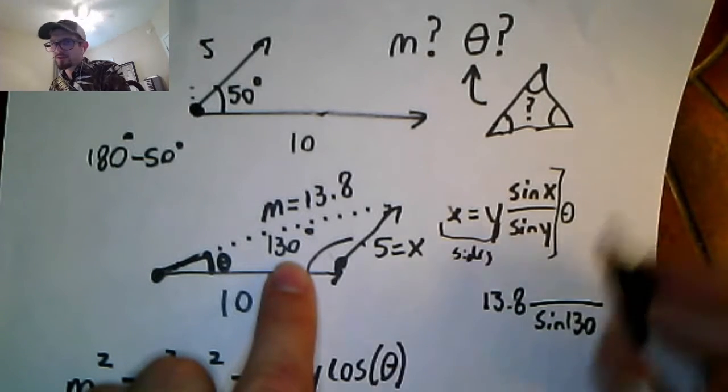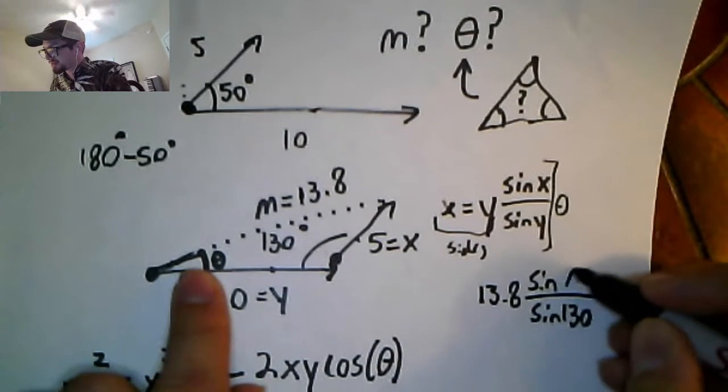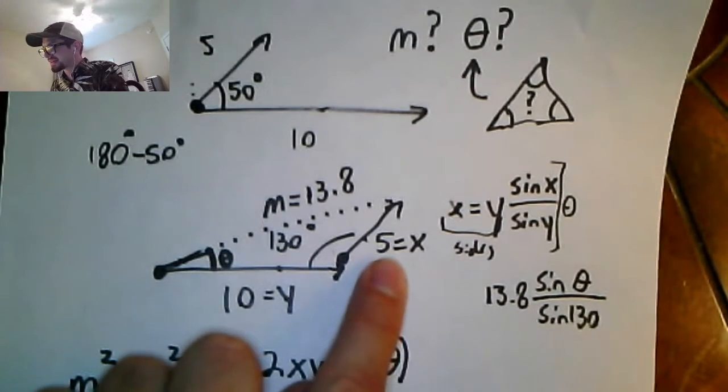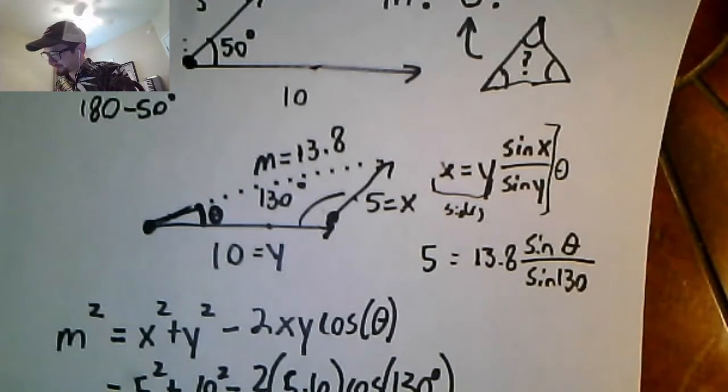Now I'm looking for sine of x and its side. I'm solving for this angle, I don't know it, and I'm using this side because it's across, so that's 5. So now I have 5 over sine of my angle equals 13.8 over sine 130.